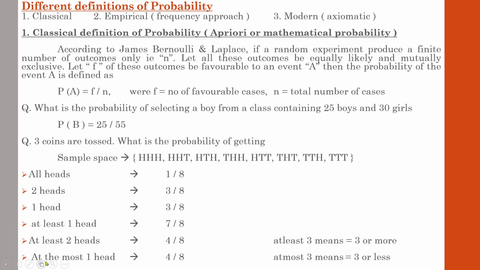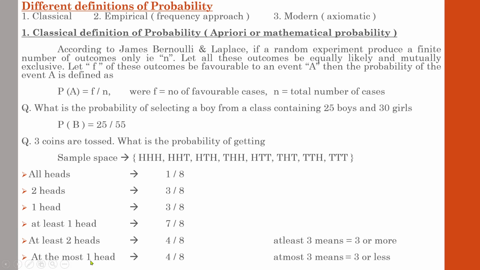And finally, another term, at most one head. Remember, at least and at most are two different terms. At most one head means 1 or less than 1. That is the meaning. That is the opposite of at least.